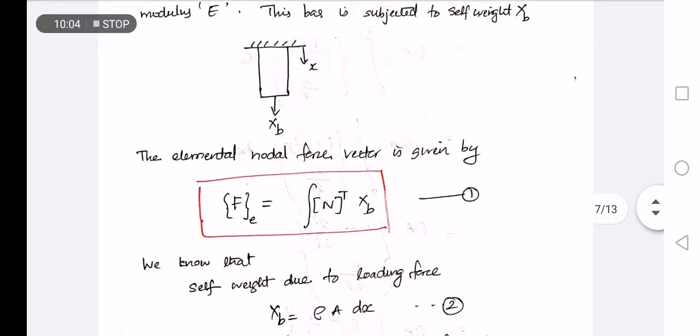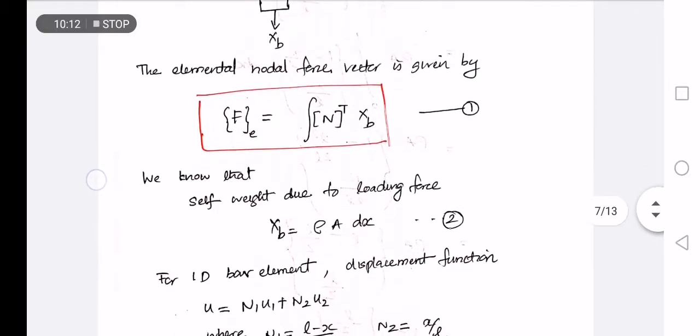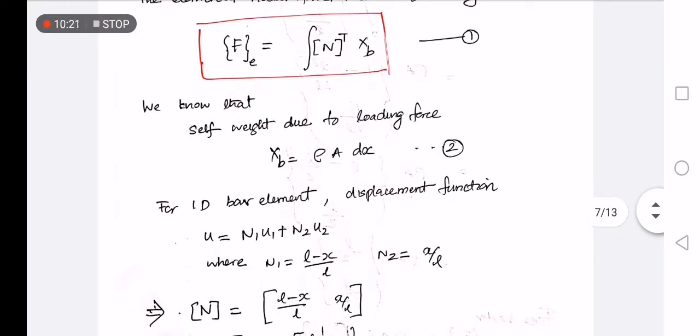We know that self weight due to loading force is rho into A into dx. You can substitute that in the first equation. For a one dimensional bar element, you know the displacement function is u is equal to N1 u1 plus N2 u2. We have already discussed it, where N1 is (L minus x) by L and N2 is x by L.